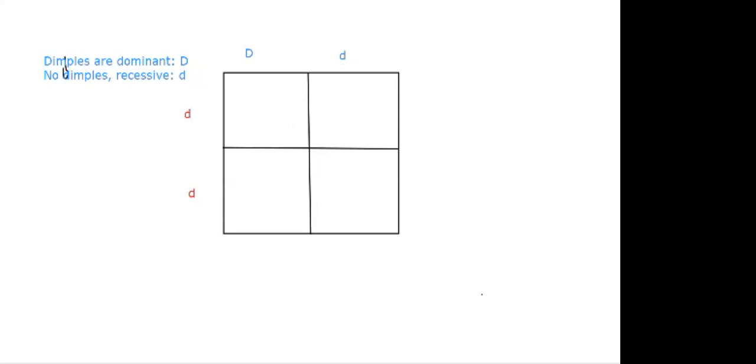All right. So what's going to be in this box here? A big D and a little d. So we're going to drop that one down. We're going to scoot that one across, and we get big D and a little d.